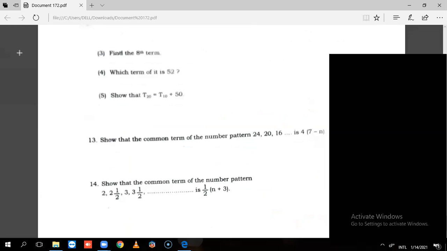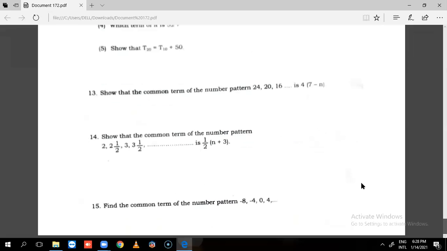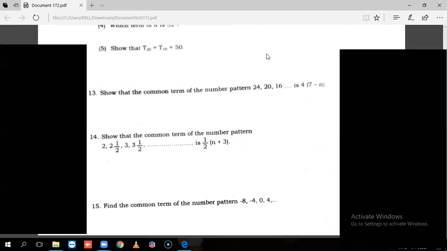This one. Show that the common term of the number pattern 2, 2 and a half, 3, 3 and a half is half n plus 3. How do we do it? Write the first term.